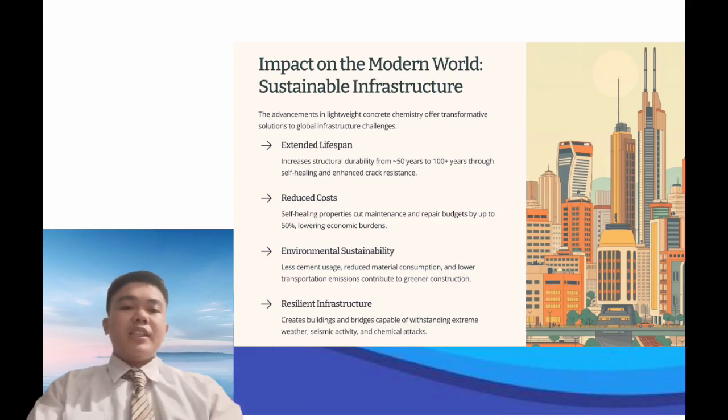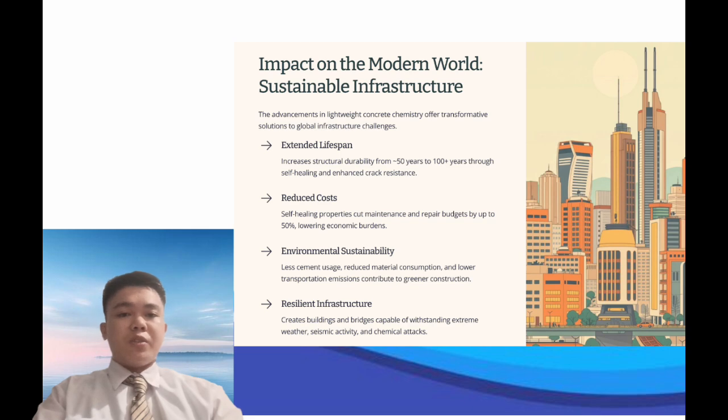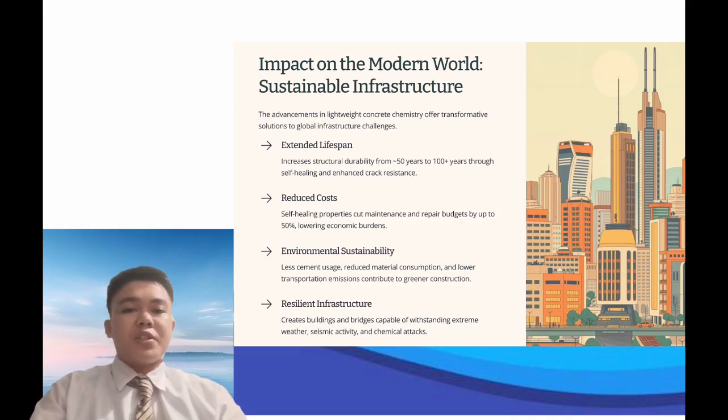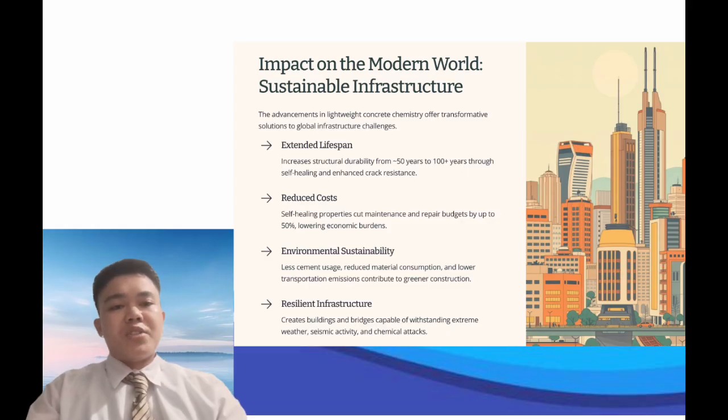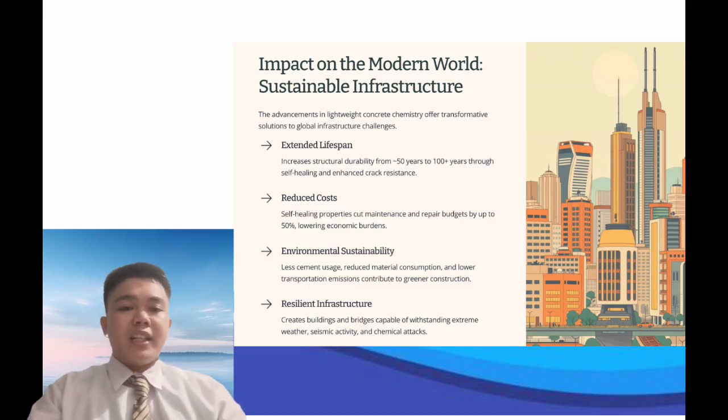Overall, this innovation of lightweight concrete enhanced with fibers, bacteria, and nanomaterials shows how deeply chemistry shapes the future of construction by overcoming the natural limitations of lightweight concrete: its porosity, reduced strength, and tendency to crack, through chemical and structural improvements at the micro and nanoscale.